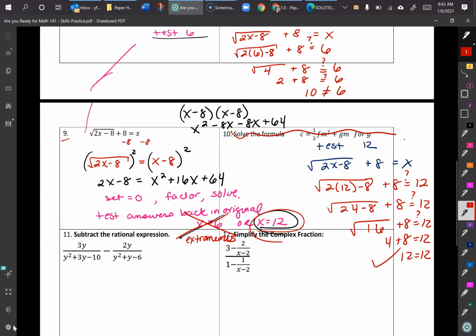What you're doing is checking the domain here, because if I tried to put 6 in there, it's not going to work out as a proper domain. It doesn't give a true result. The same thing with values that cause an undefined situation in a fraction, then they're no good. Mostly everything else is just fine.